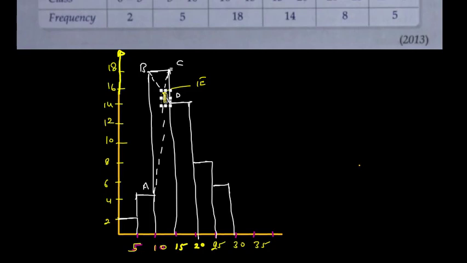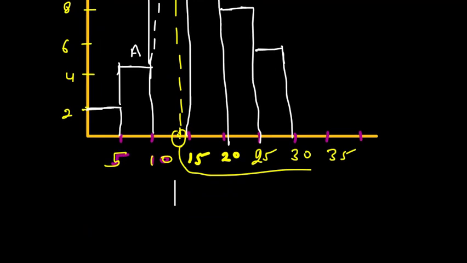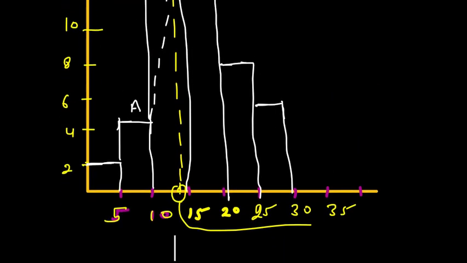Now from this E I am drawing a vertical line like this. Where it intersects the x-axis, this value is going to be your mode. As I have not drawn to scale, if you draw to scale then you will get a perfect reading here.